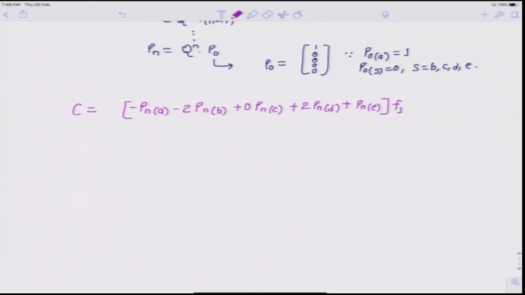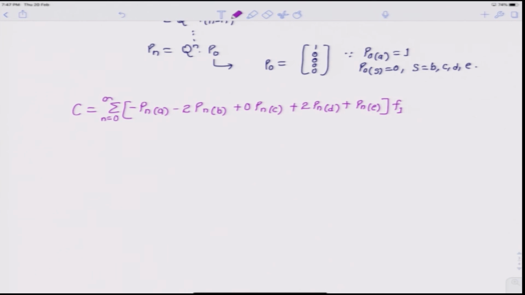And remember this n may be different because some vacancies may just make 2 jumps and come back, some vacancies will make 10 jumps and come back, some vacancies will make 1000 jumps and come back. So, n has to vary from 0 to infinity. So, we take this as a summation.